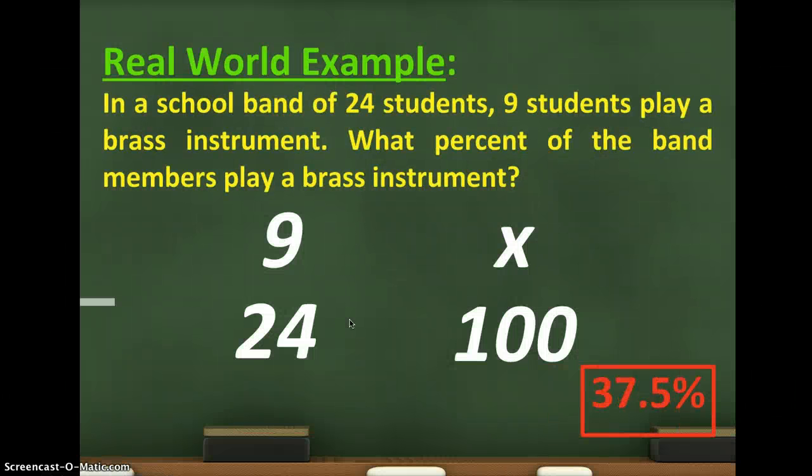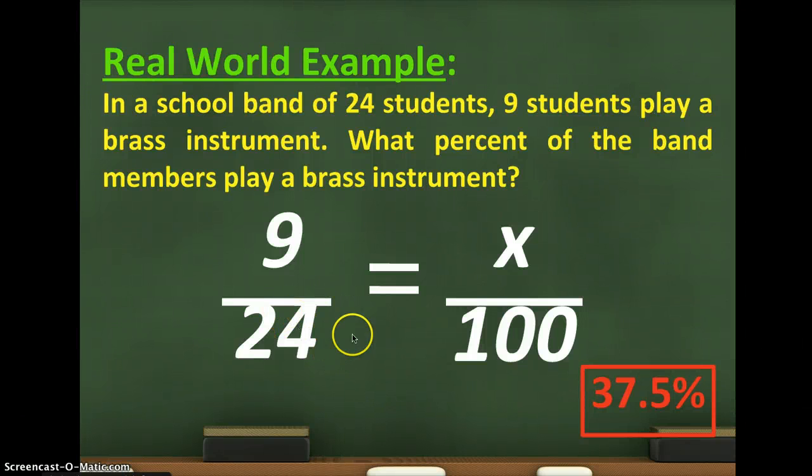And here's a real world example. In a school band of 24 students, 9 students play a brass instrument. What percent of the band members play a brass instrument? So we need to think about what would represent the part and what would represent the whole. 9 of the students out of 24 members play a brass instrument.